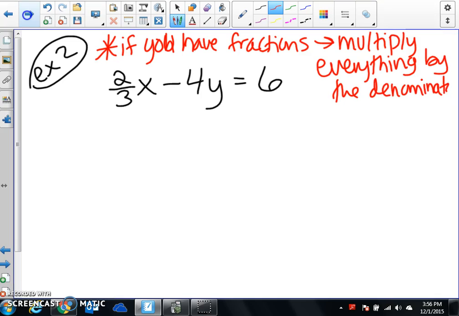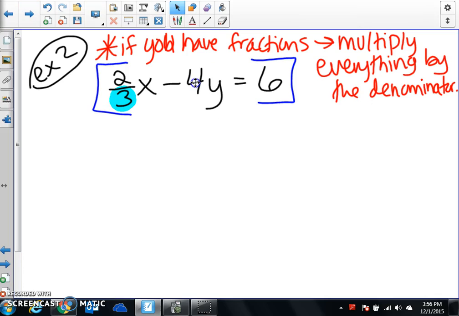And I'll show you what that looks like. I'm going to take the entire equation and multiply by the denominator, which is 3. So I'm going to multiply by 3.